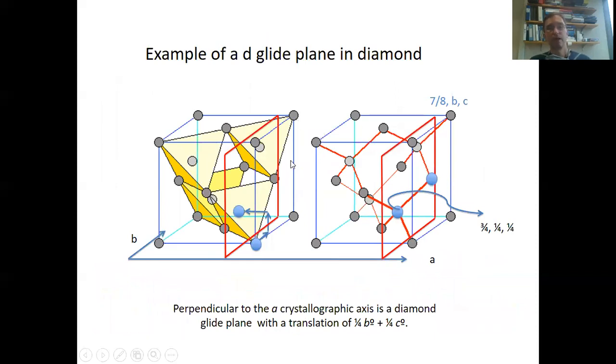Now you see here the unit cell of diamond. Diamond has a face-centered cubic unit cell. That means that the carbon atoms are sitting on the corners of a cube, and the faces are all centered. But in addition to that, you also have 4 carbon atoms inside of the cell.